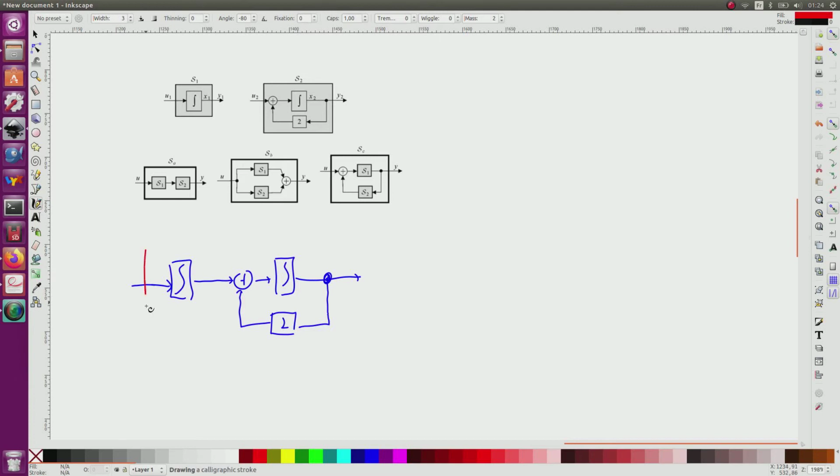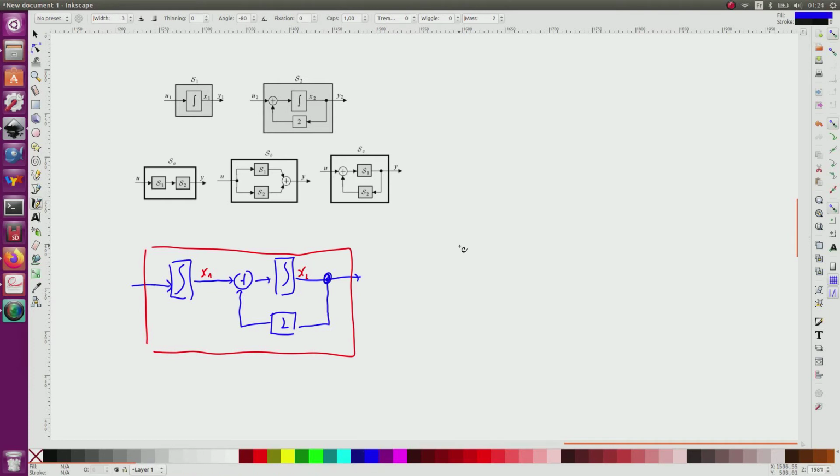It forms a new system, and this system has two state variables x1, x2 that are memorized in the integrators, and from this I will be able to write the state equation.